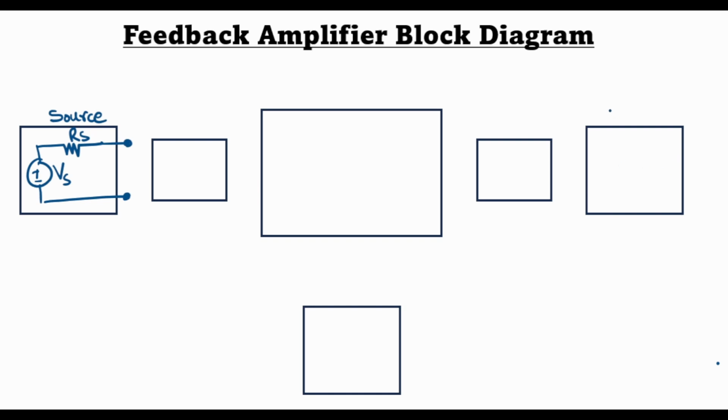And we've already looked at the load, which is typically represented by a resistance RL, and we saw the basic configurations of amplifiers, namely the voltage amplifier and the current amplifier.